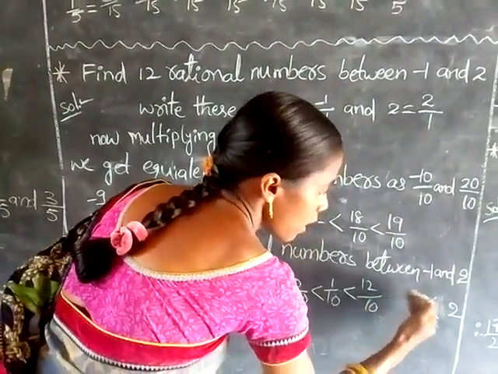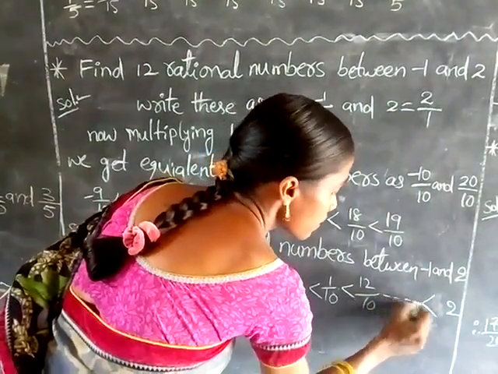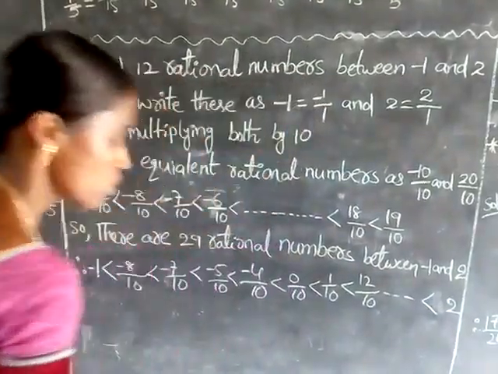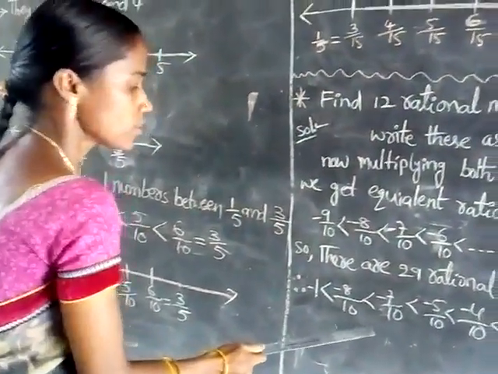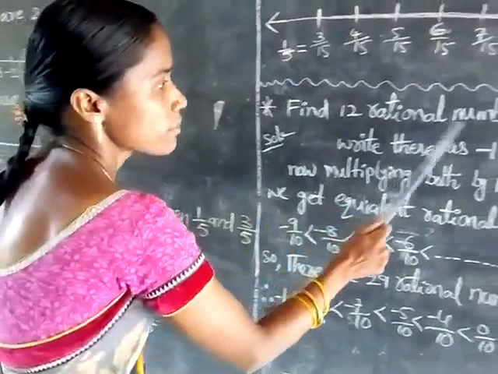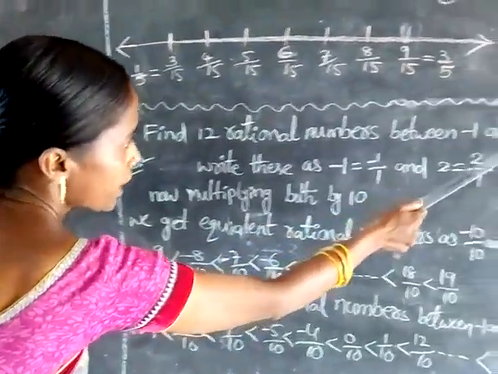You may write up to 12 rational numbers, which are less than 2. So these are the 12 rational numbers between -1 and 2. Do you understand, children? Okay.